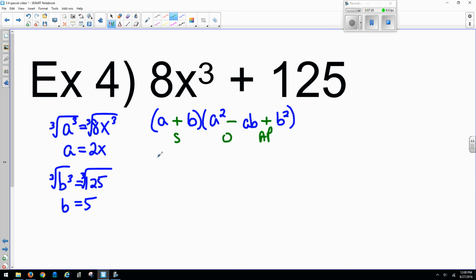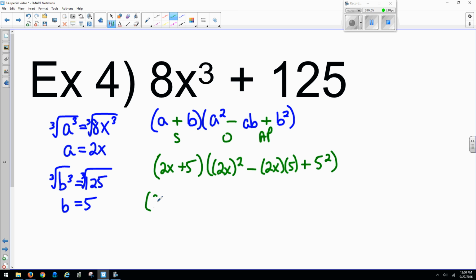So I'm just going to fill in the terms I already came up with. So a is 2x, b is 5. For a squared, just do the extra step. We're squaring this whole thing. Minus, now I have 2x times 5. And we'll clean this up in a little bit. Plus b squared.